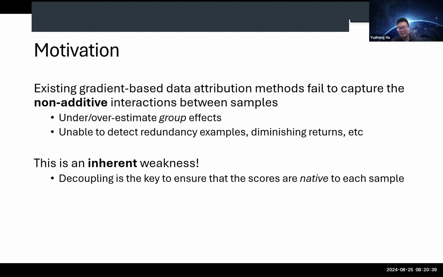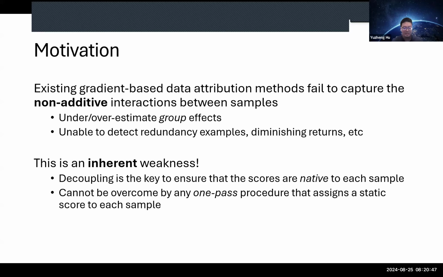That means there couldn't be interactions between samples. So this is an inherent weakness, and in general it is very hard to overcome by any one-pass procedure that assigns a static score to each sample.